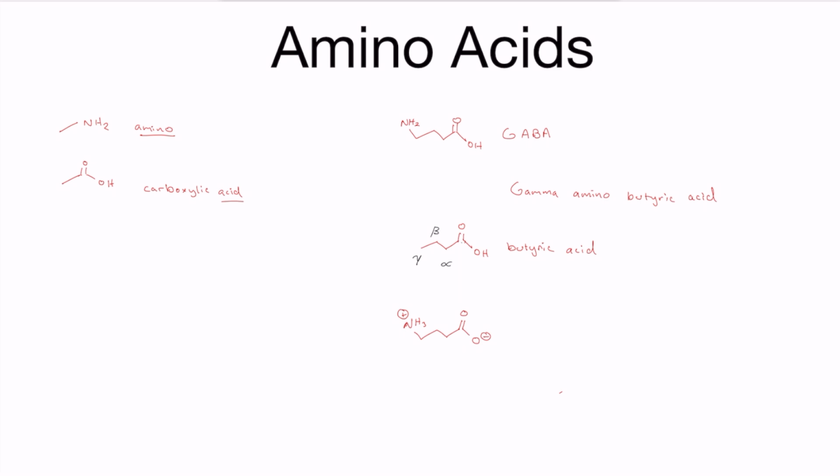So now that we've covered the basics of amino acids, students taking the MCAT need to memorize the 20 most important amino acids. These are called alpha amino acids because the amino group is attached to the alpha carbon.